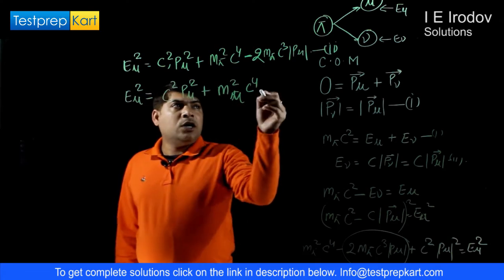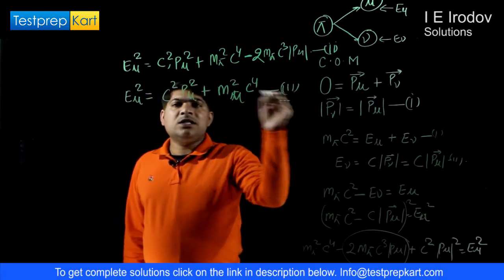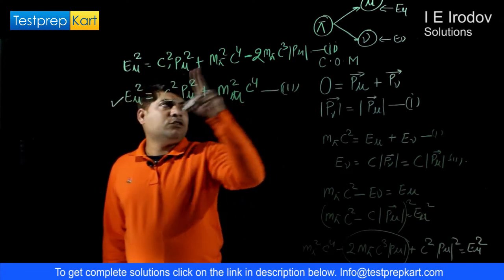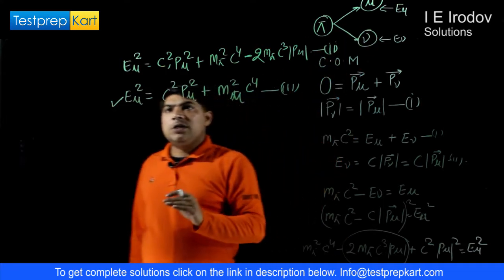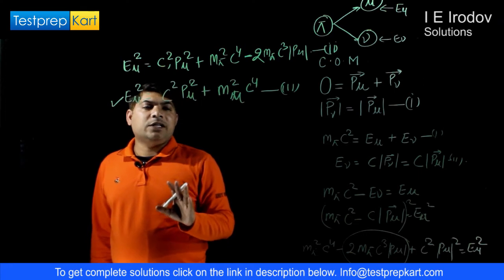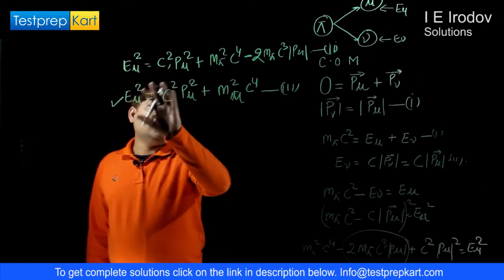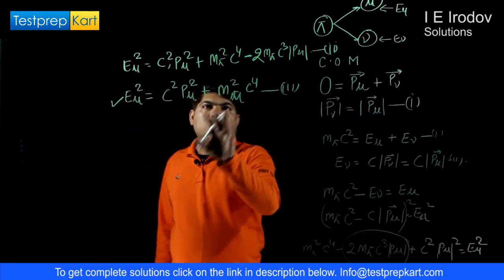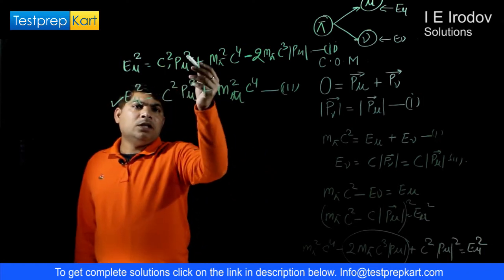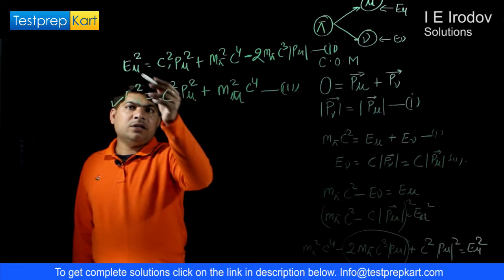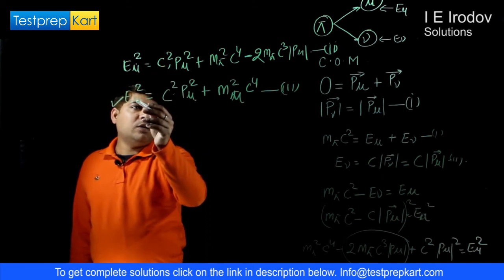Now this is the energy equation for this muon, and the other we have got from conservation of momentum and conservation of energy. Now we will subtract these two equations. If we look closely, these two terms will get cancelled out, and these two terms will get cancelled out.